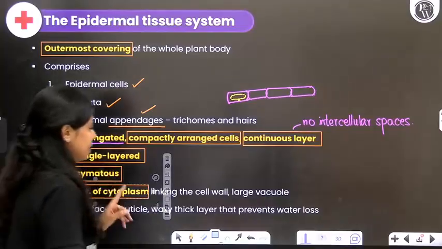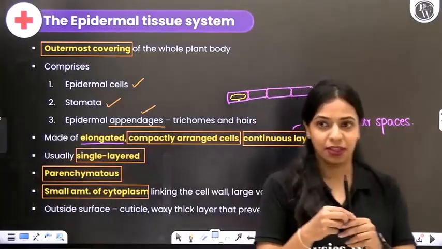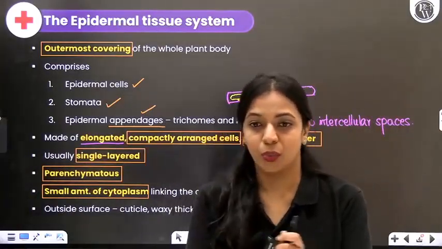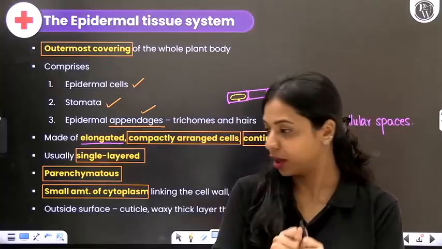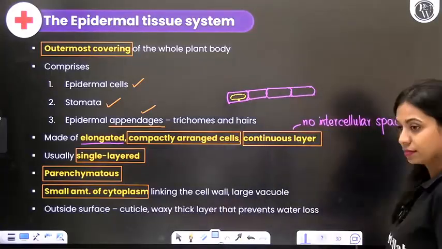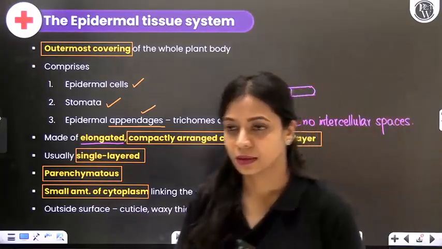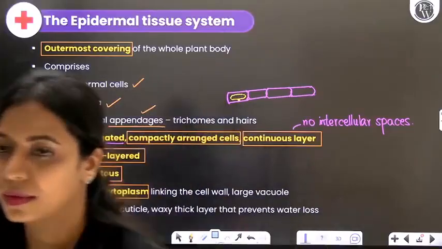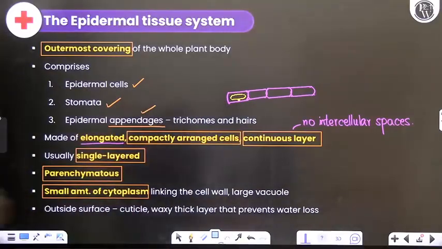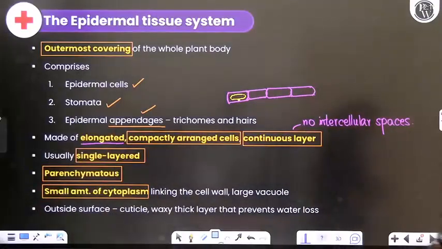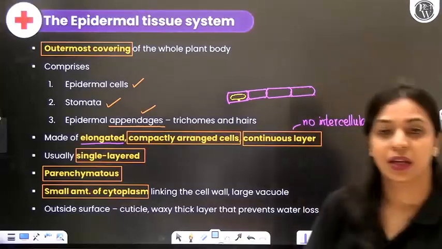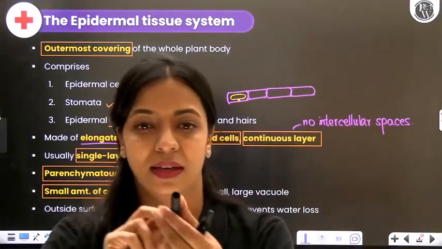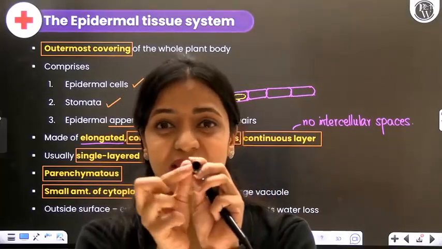Next, now if this is a root, we take a section of the root. How do I show it? Okay, let's say this is the root. Is it visible clearly? It's just like one hollow tube.